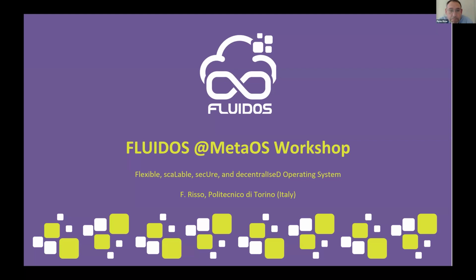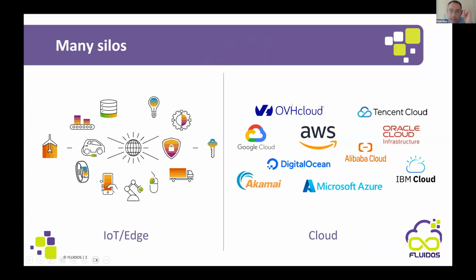So I would like to give you a brief presentation of the FLUIDOS project and the main results that we achieved so far. So, for starting, just a brief introduction on the main idea that we have in FLUIDOS.